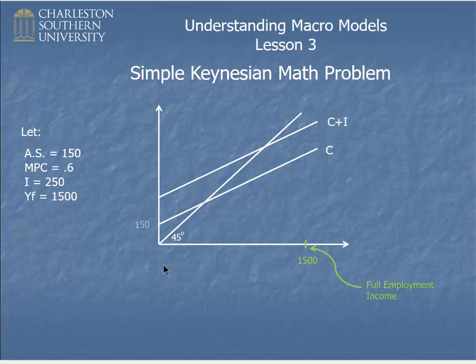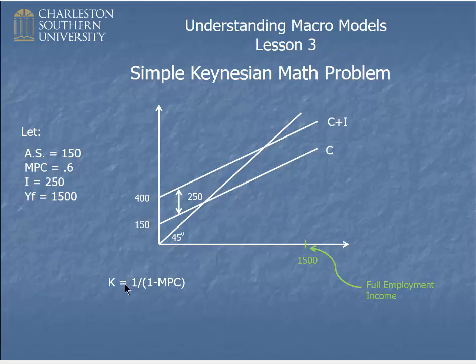Then autonomous spending is here, 150, because this is the consumption function. This is the level of consumption when income is 0. Then 250 was investment, that's this thing right here. So if that's 150 and this is 250, then this number right here would be 400, right? 150 plus 250 would make 400.